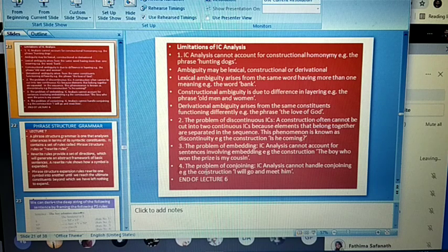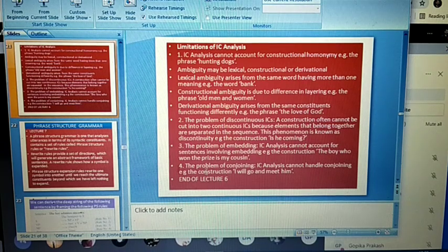Lexical ambiguity arises from the same word having more than one meaning. The word bank: it can be World Bank, Federal Bank, or the bank of a river. This cannot be explained in IC analysis. Constructional ambiguity is due to difference in layering. Example: old men and women.